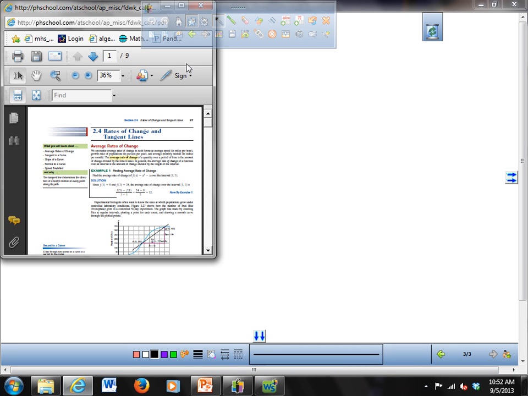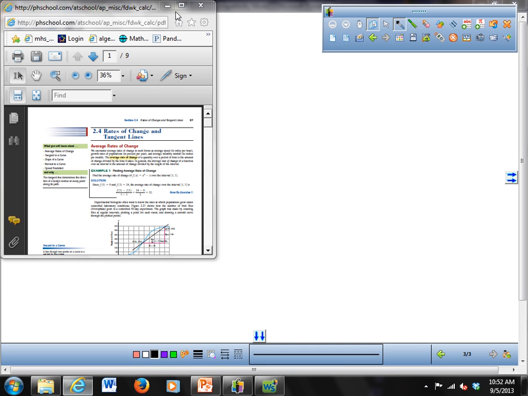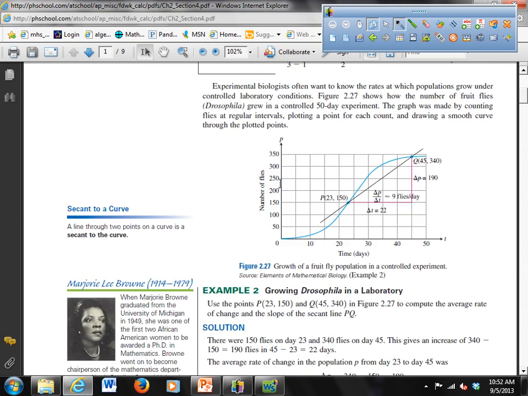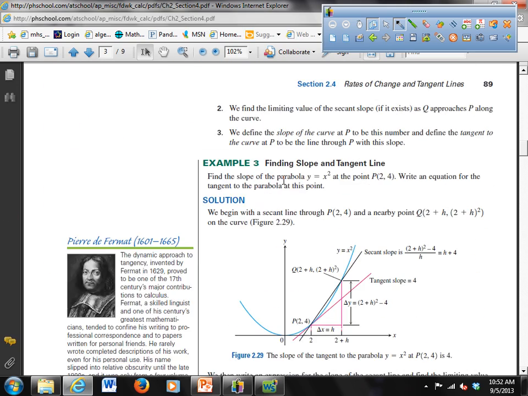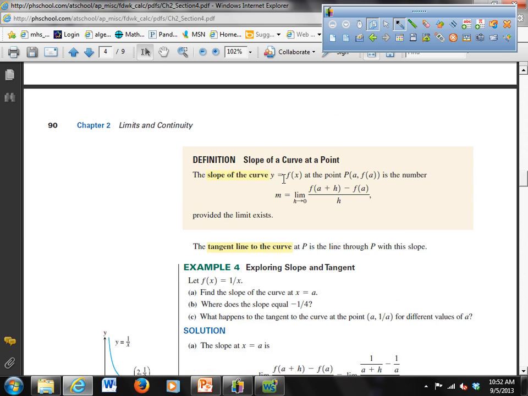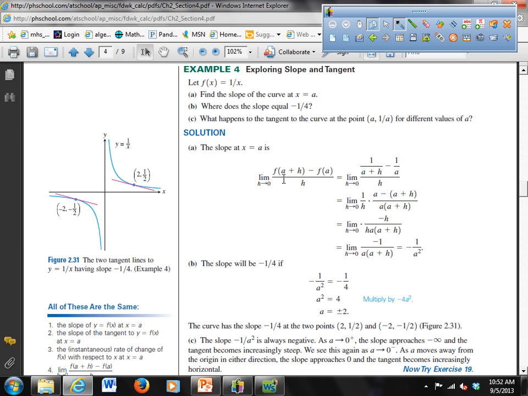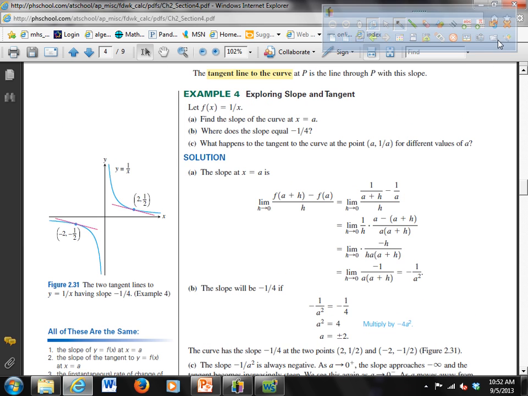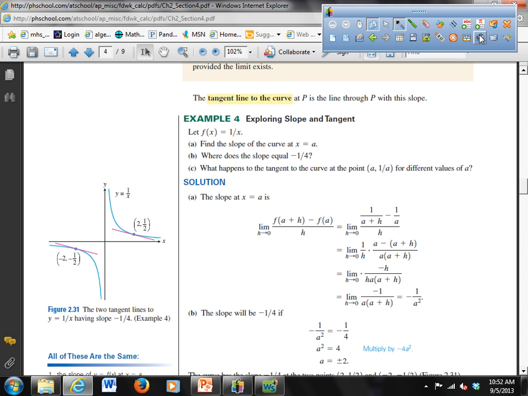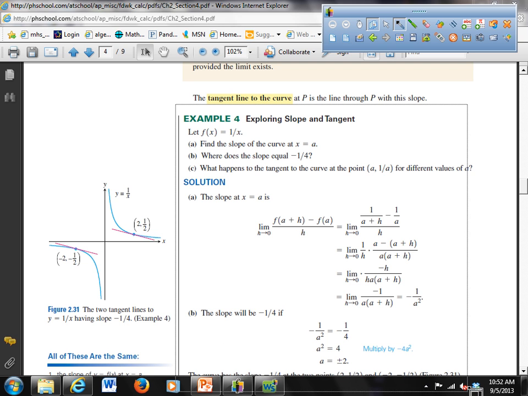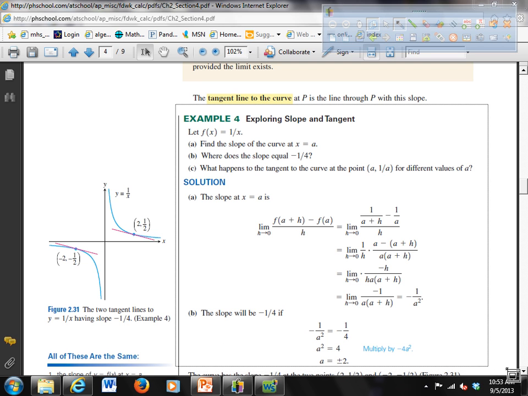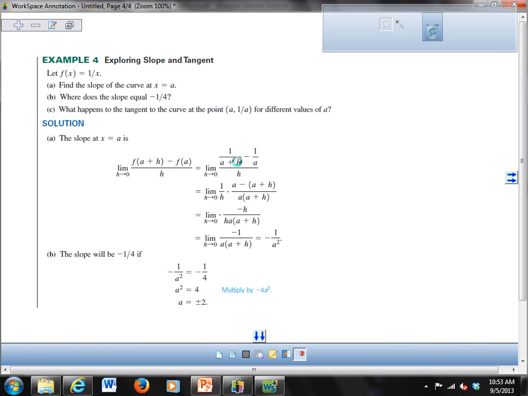Here. I got through this in the last class, but for some reason I didn't get through it in this one. I think I was going to do this with you, but I'm just going to lead you through it.